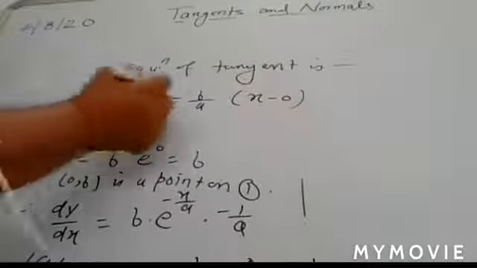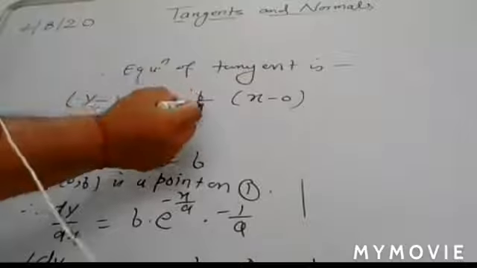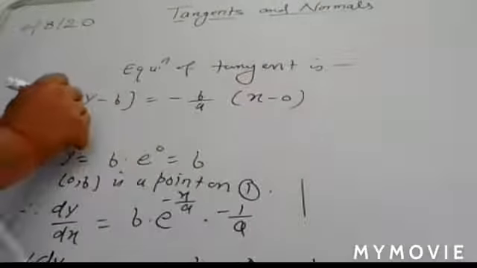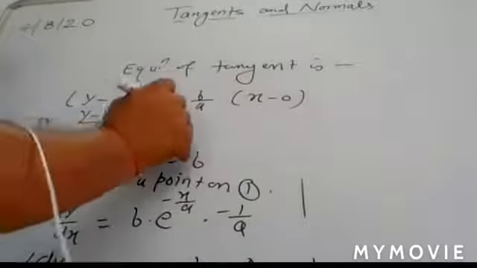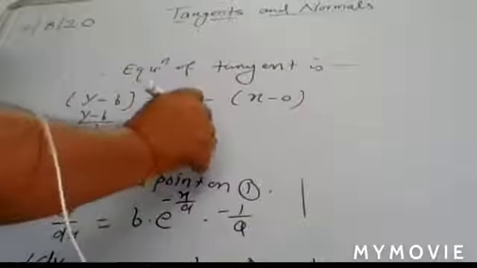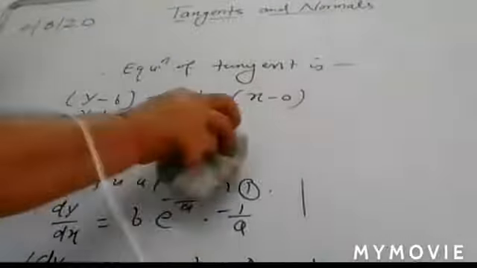So what you do here, you divide the left side by b and take a to the right side. So that can be written as y minus b upon b is equal to minus x by a. Understand? You have the result like that.